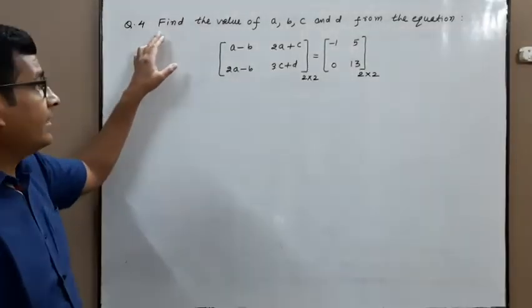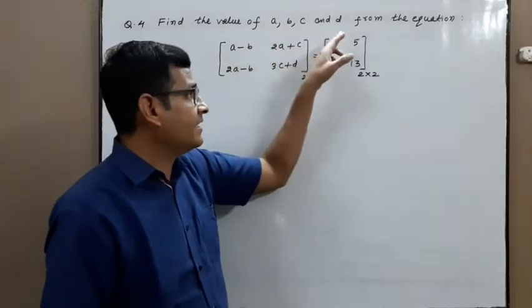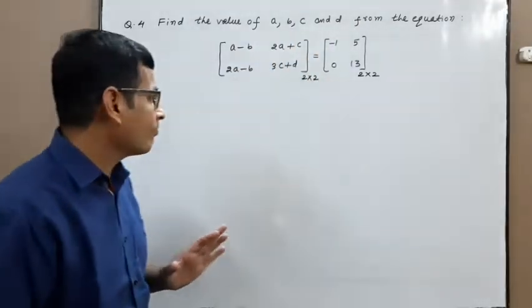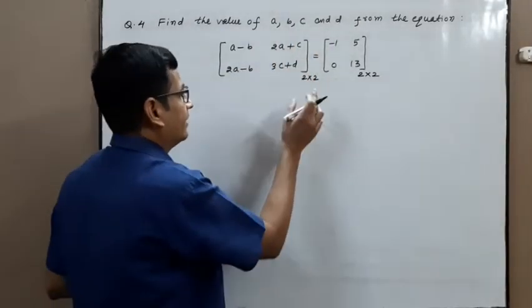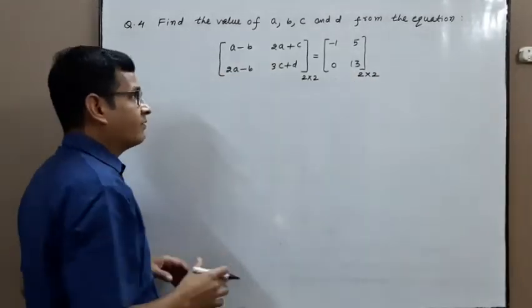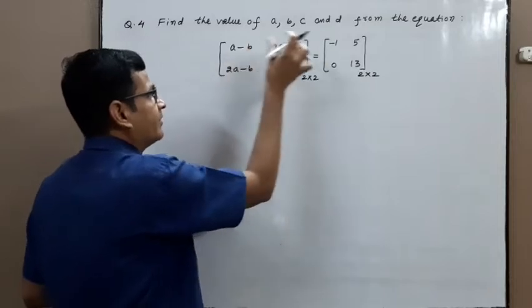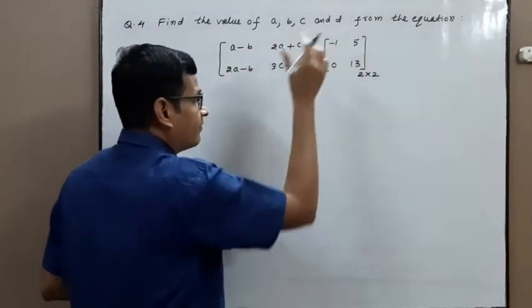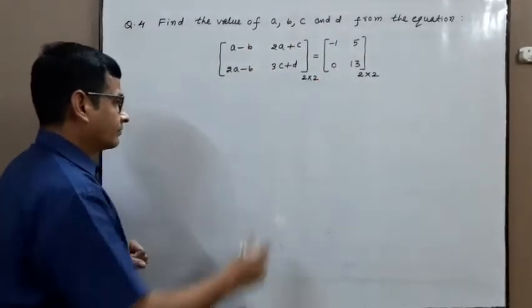Next problem. Find the value of A, B, C and D from the equation. Two matrices are equal. This is 2 by 2, this is 2 by 2. It means corresponding elements are equal, that is, the element of the first row and first column equals the element of the first row and first column of the second matrix.